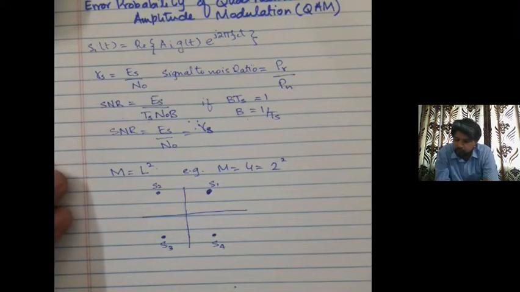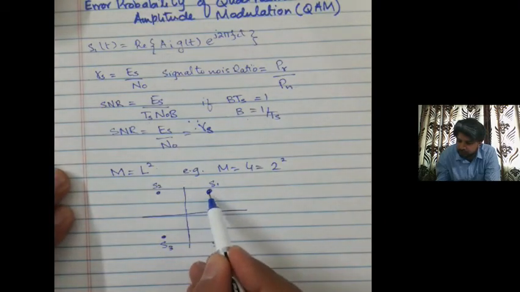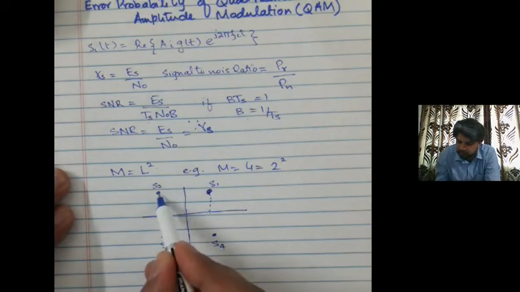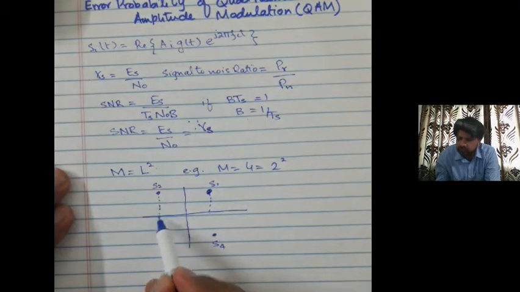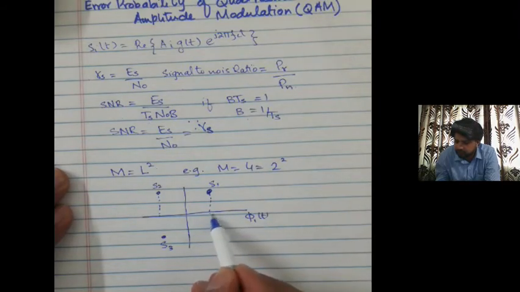Then you can compute the minimum distance between different constellation points. For example, for S1 and S2, you can project these constellation points onto the basis function phi1 of t, and let me call it S11, and that would be called S21.